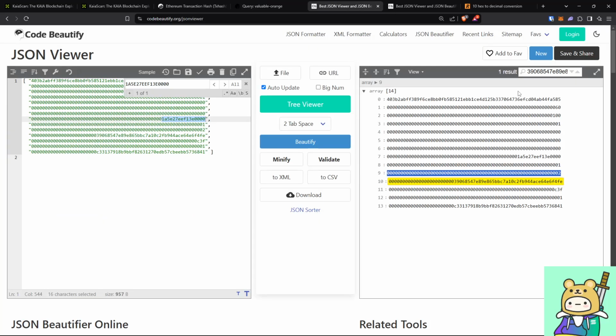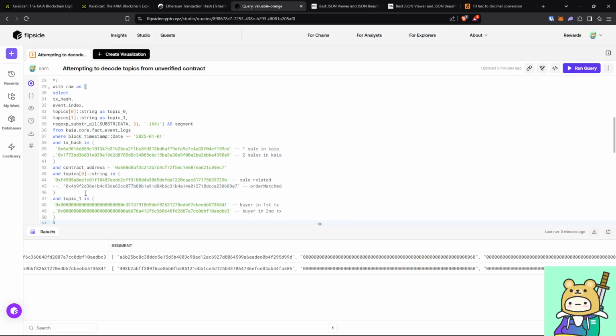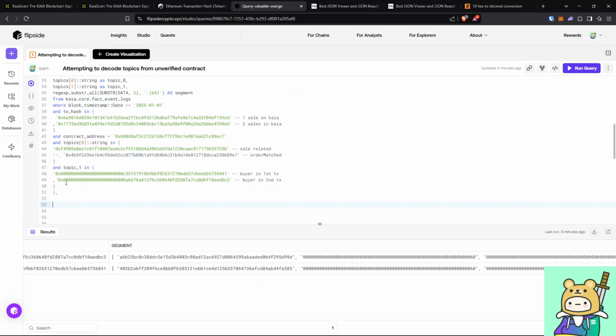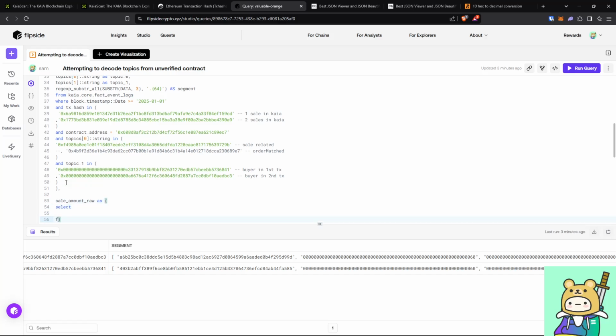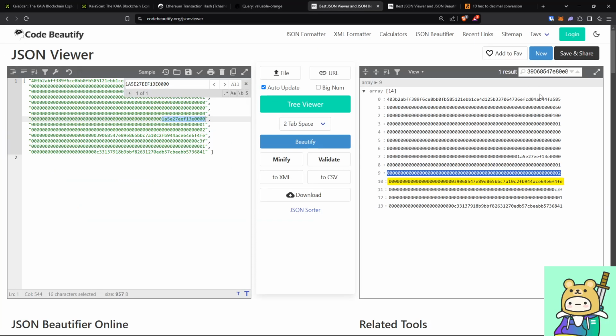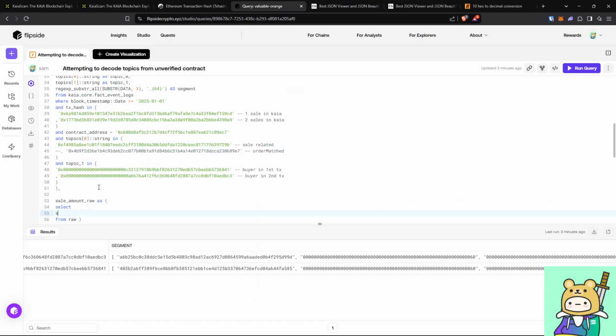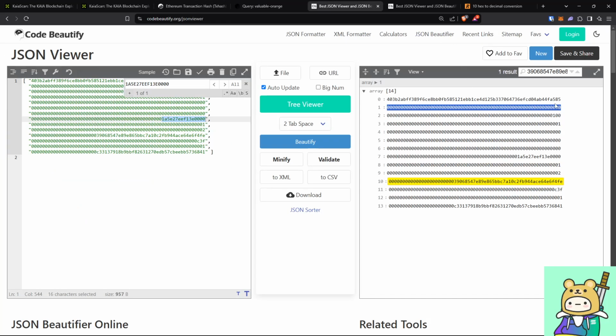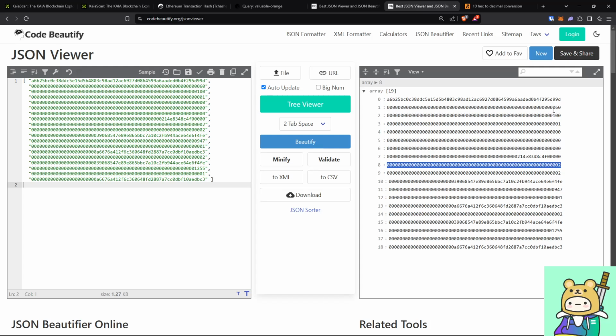And first up, we need the sale amounts. So sale amount raw as select from raw. How we know the sale amount raw is because we just need the second segment. So segment 1.